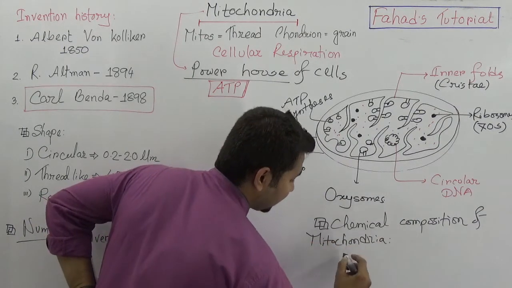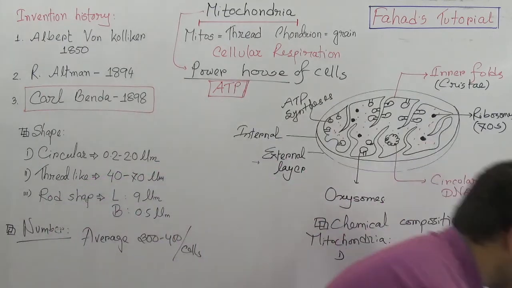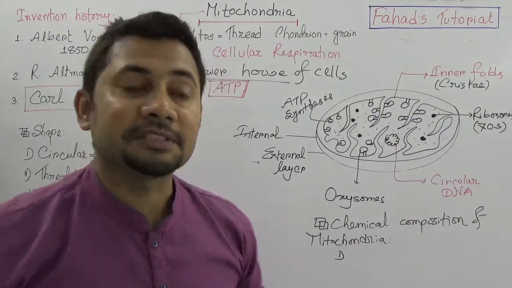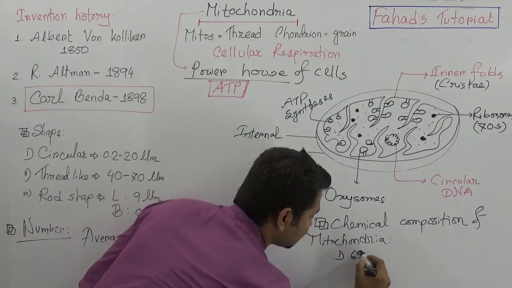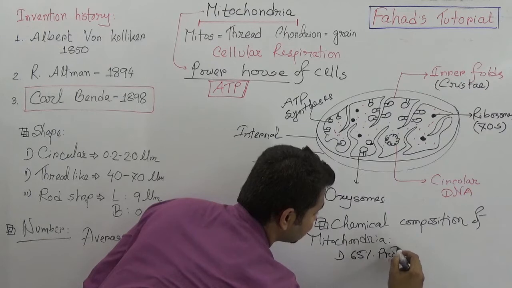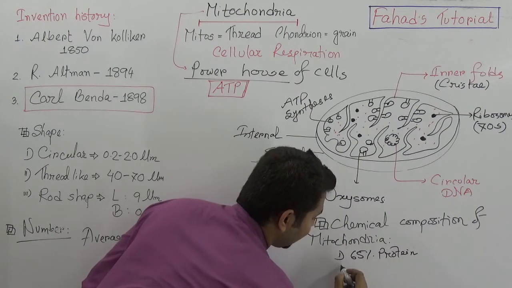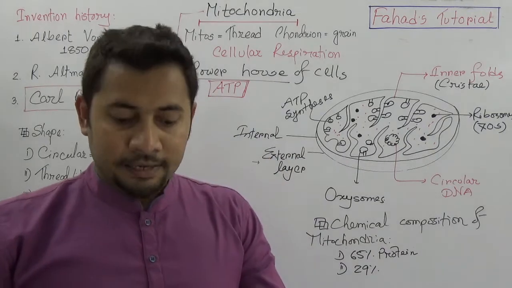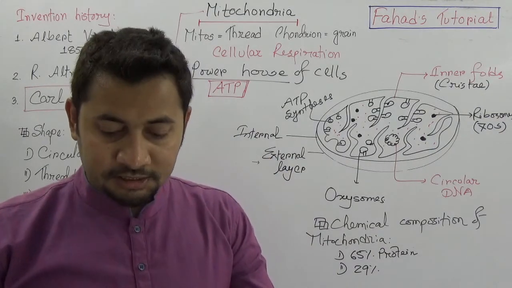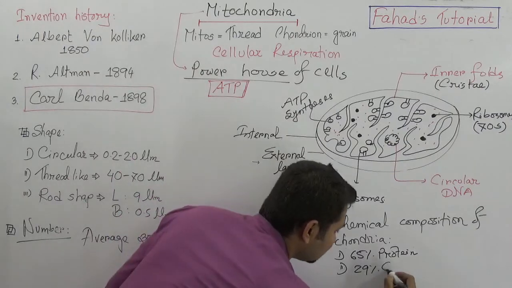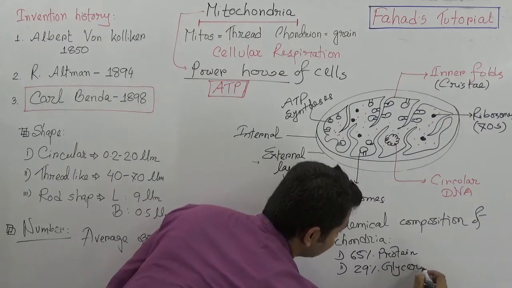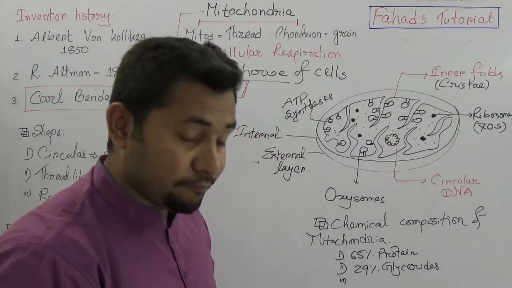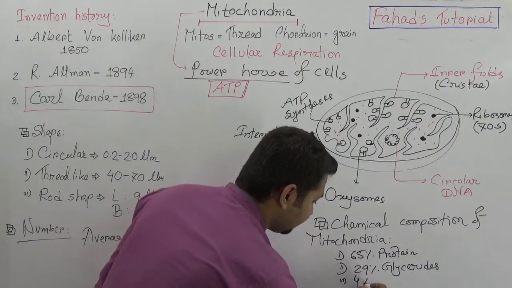What is most important in understanding the mitochondria? It is 65% protein. So we must know there is 65% protein and 29% glycerides, and also there will be the presence of 4% lecithin.